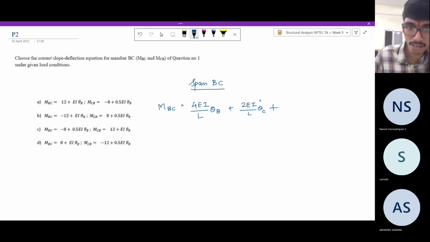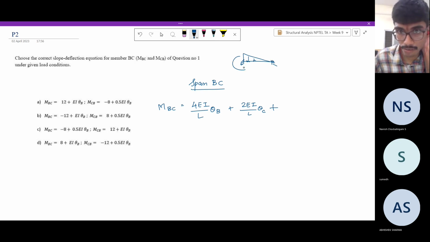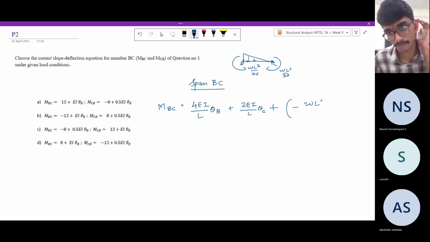Now we should be very careful. What is the fixed end moment at B? We got it equal to WL square by 20, and at C it is WL square by 30. Since it is in the counterclockwise direction, we need to have a minus.